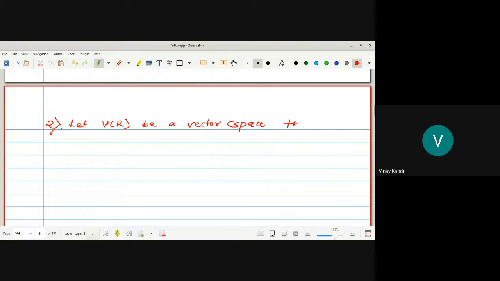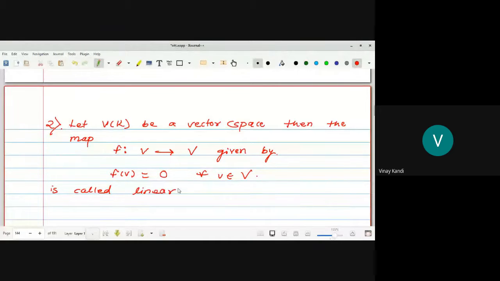Then the map F, the function from capital V to capital V given by F of small v equal to 0 for all v belonging to capital V, is again a linear transformation.